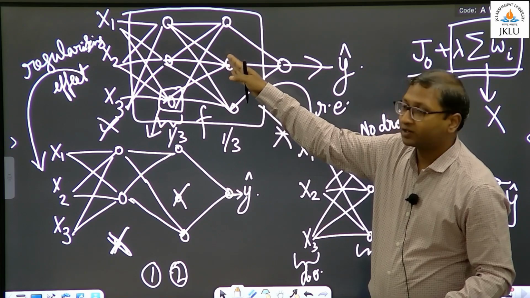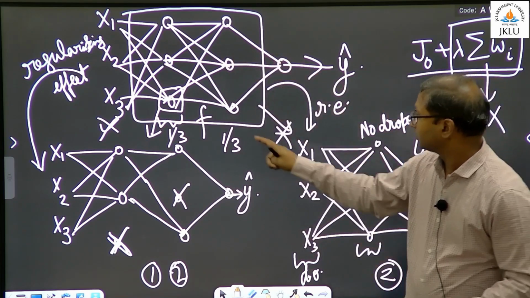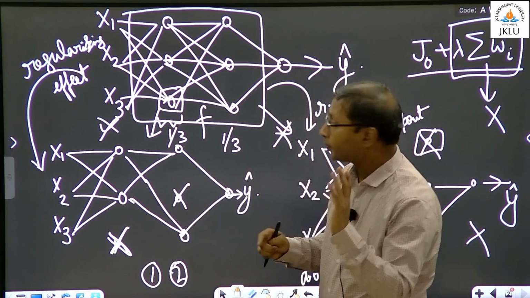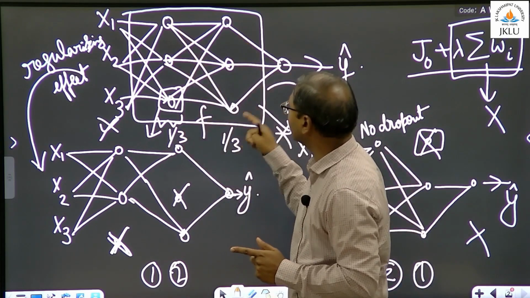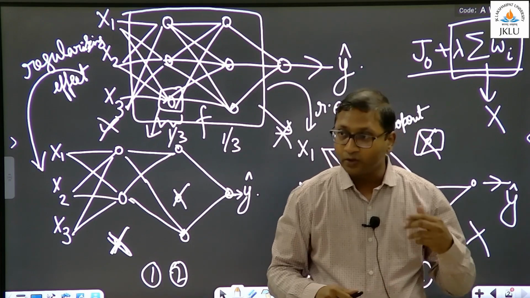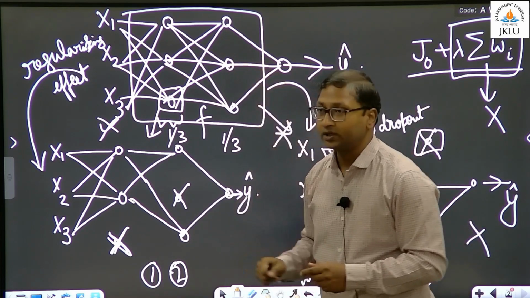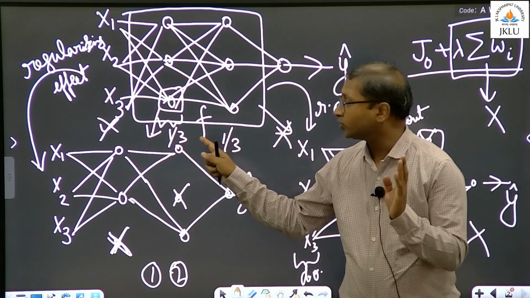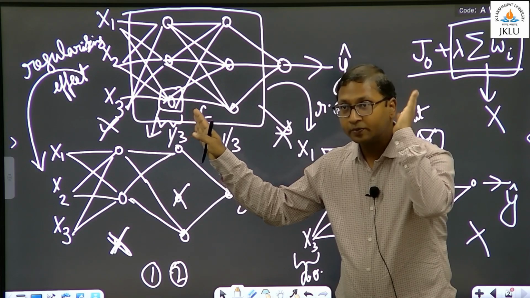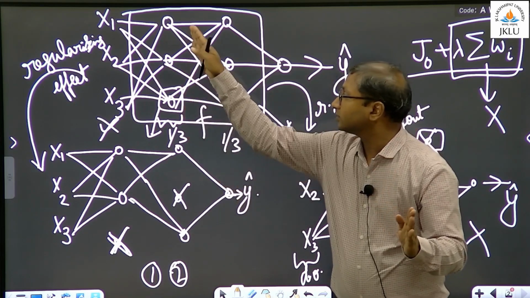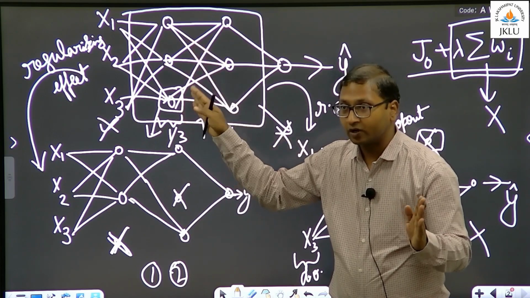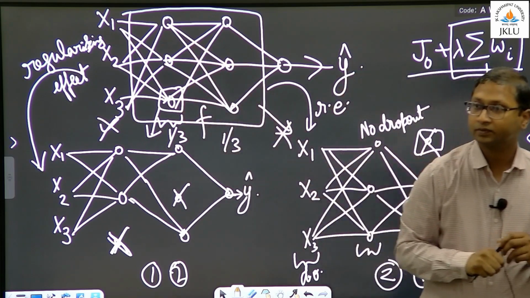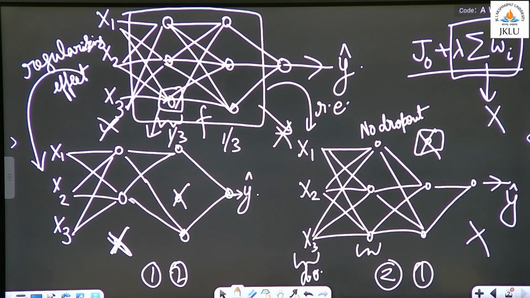How many sub-networks can you have for this? Let's say we are dropping exactly one neuron here and exactly one neuron here. How many neural networks can you get from just this one? As I said, it's not probability 1 by 3 anymore. With probability 1, I drop one of the neurons here and one of the neurons here.